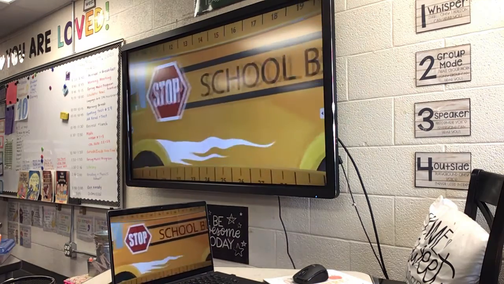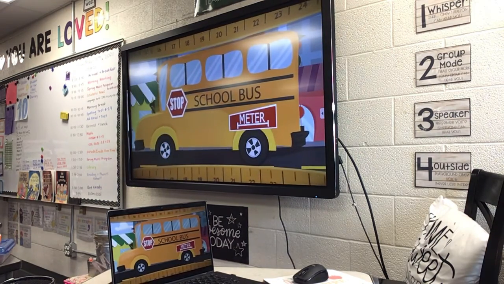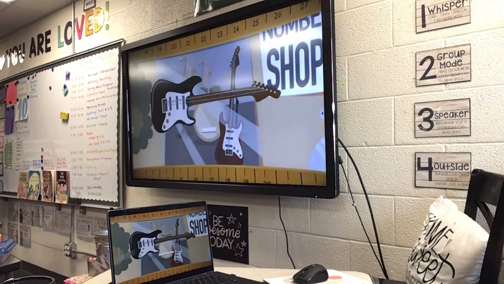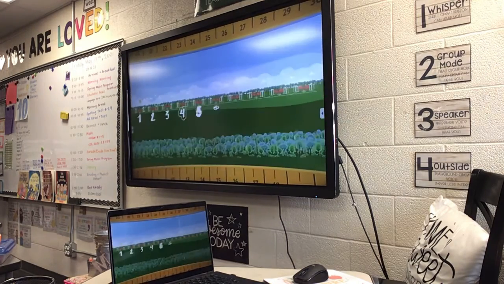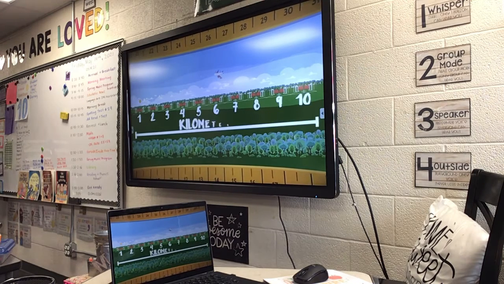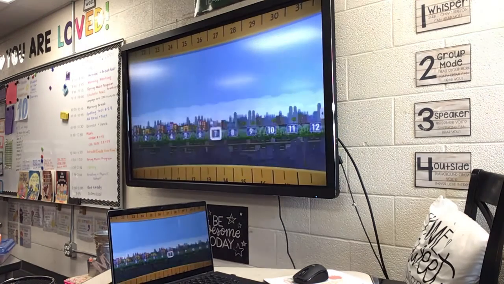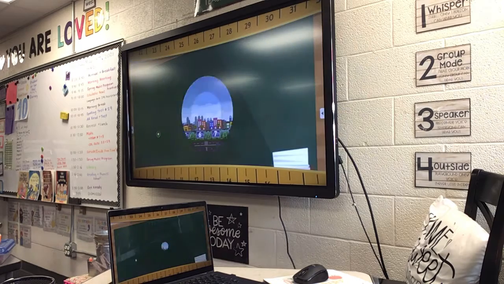A school bus wheel's diameter is about 1 meter. And a meter is about the length of a guitar. Soccer fields in a row, about a kilometer. It's about how far you walk if you cross 12 city blocks.